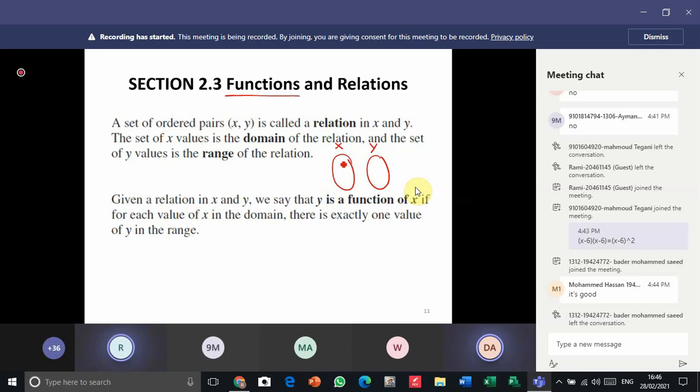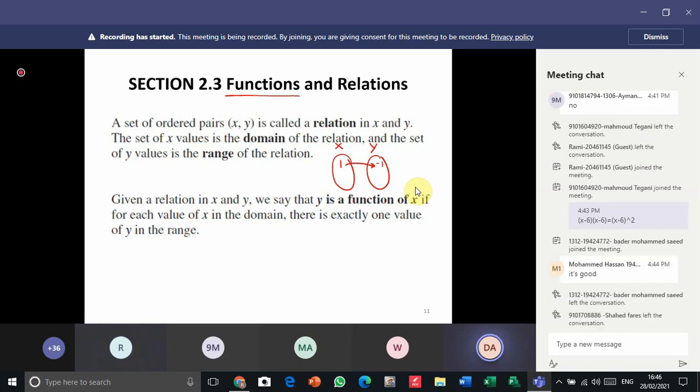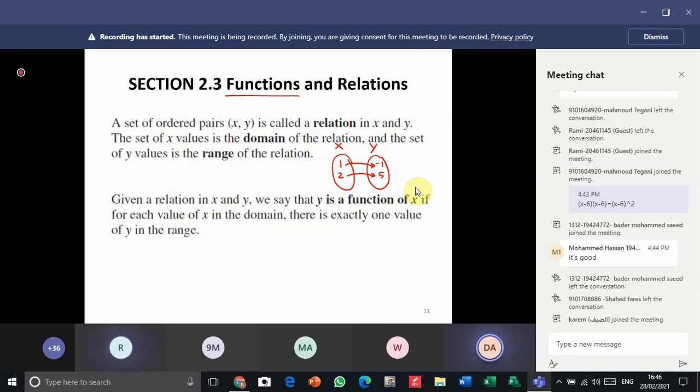So any number from x has a matching or connection with another number in y, for example, -1 connects with, for example, 5. So this is the relation, and we call the first set x the domain and the y set the range.